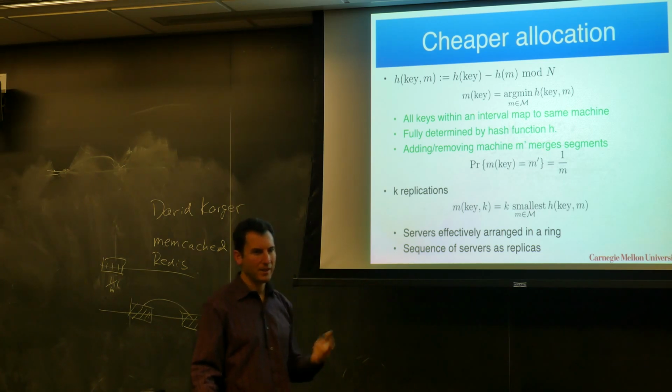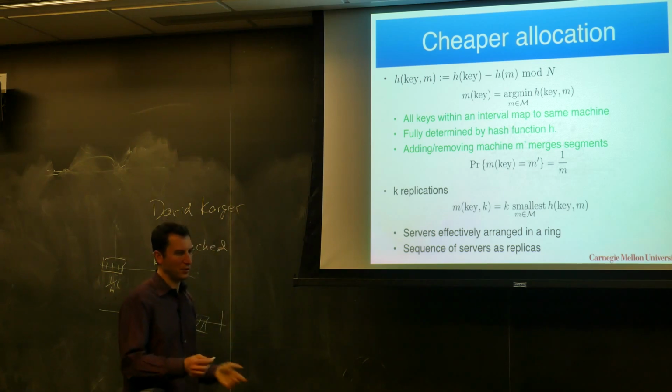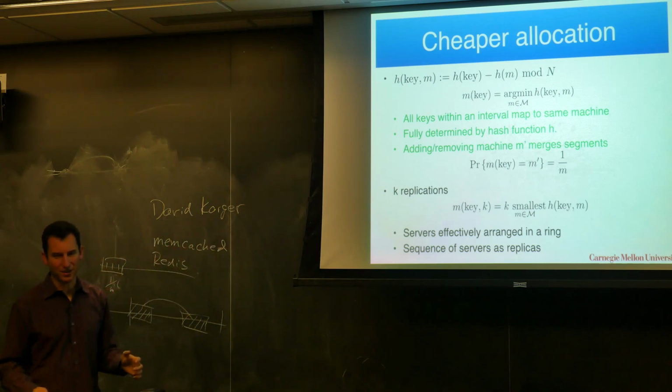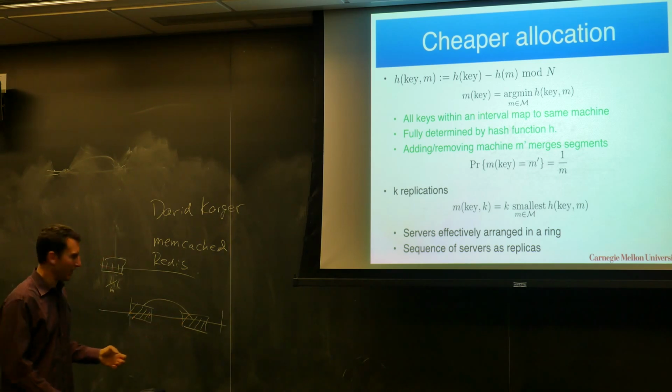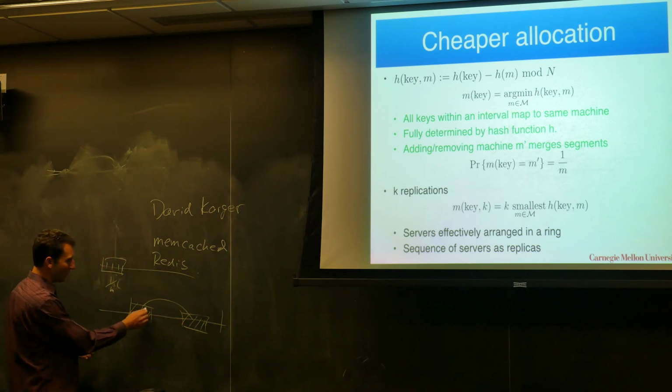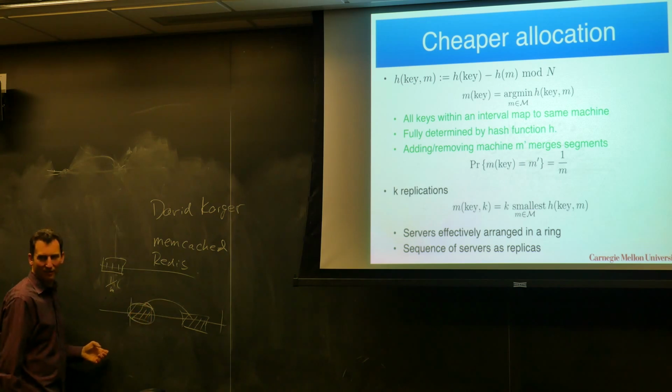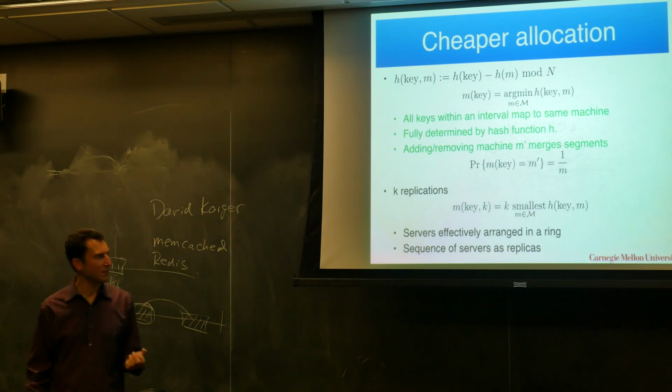So now I don't have to actually compute for all key and machine pairs what the hashes are. I just compute it for the keys once, and then I can find out exactly, minus machine, where it goes. So it's much, much easier.